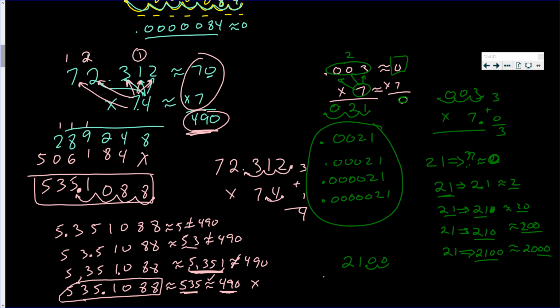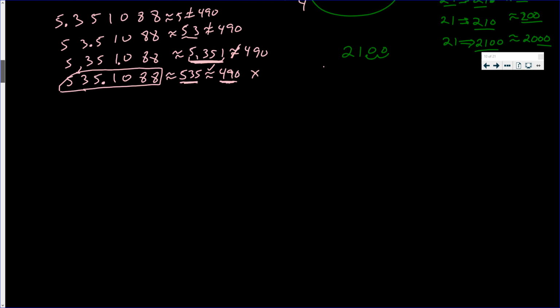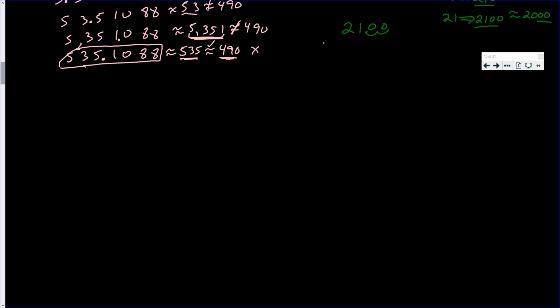I don't want you to say, oh, did this person on YouTube say just round, approximate? 7.31 times 0.001. This is around 7, this is around 0. The answer should be around 0. And 1 times that number is 731. And if I'm going to be near 0, I'll put the decimal there and be done.